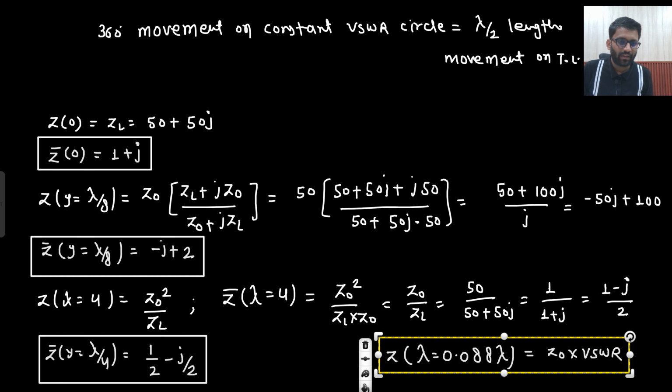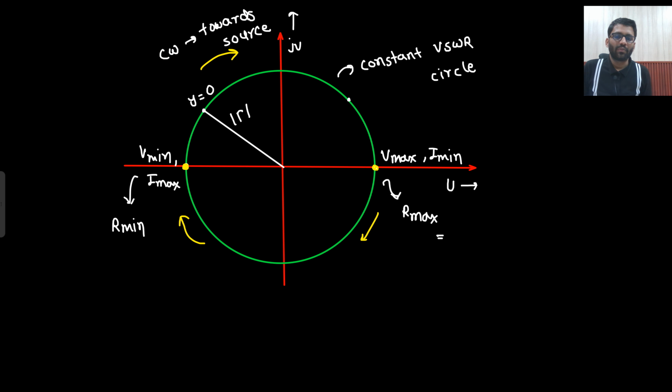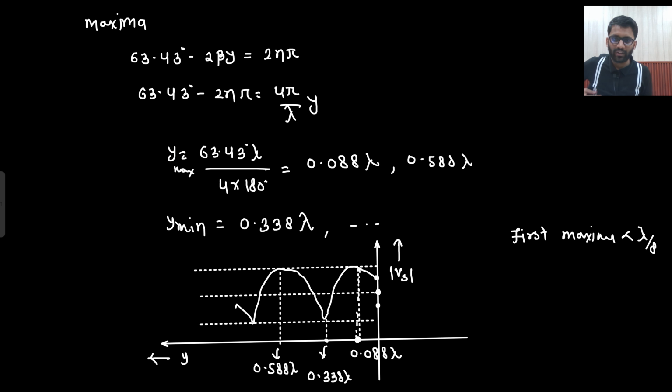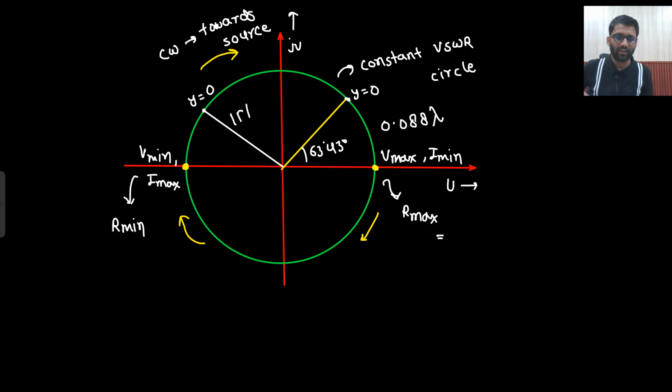First, let me keep it in a box and then I will tell you why it is happening. Note this diagram. As per our diagram, this was our y equals 0, and this was angle 63.43. When I calculated that to work 63.43, I need to work for 0.088 lambda.